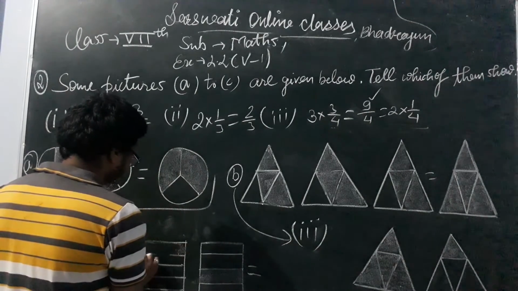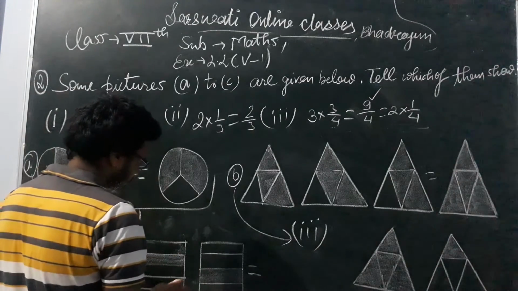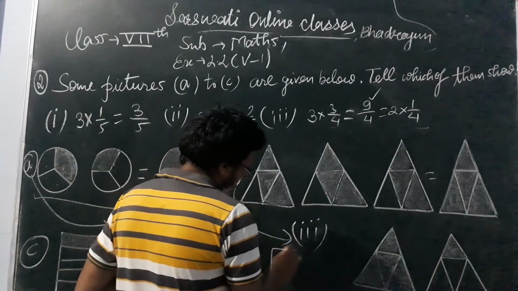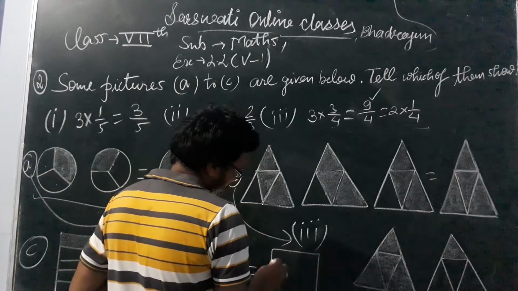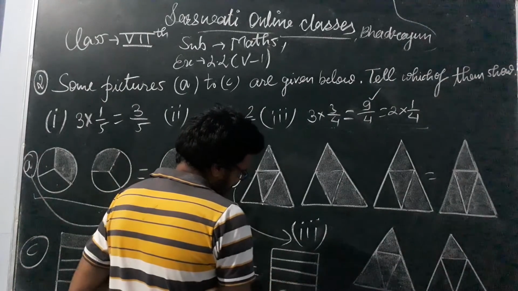This strip is shaded in our given question. And here we are seeing the 5 strips are like this: 1, 2, 3, 4, 5.